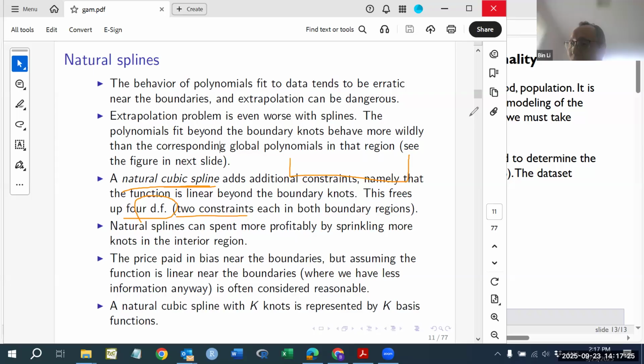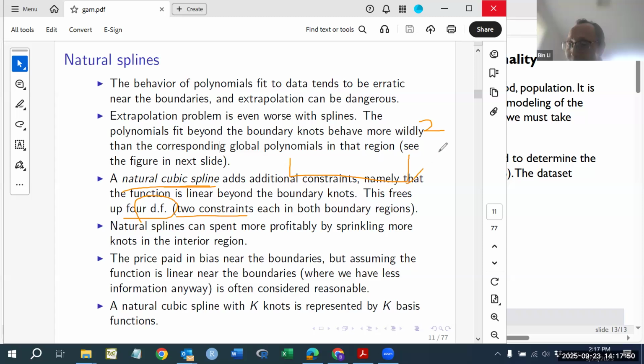The cubic and the quadratic order coefficients are both equal to 0 outside the boundary. So we saved 2 degrees of freedom: one from the coefficient for the cubic order, one from the coefficient for the quadratic order.